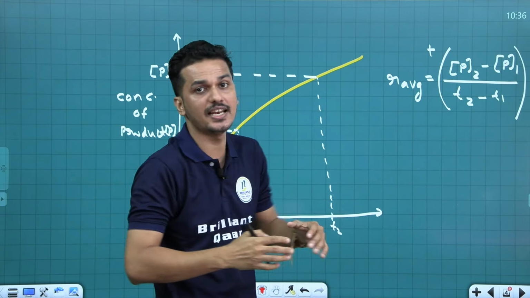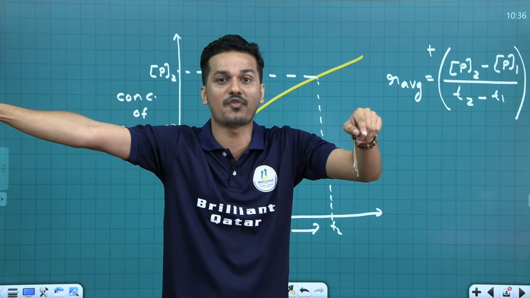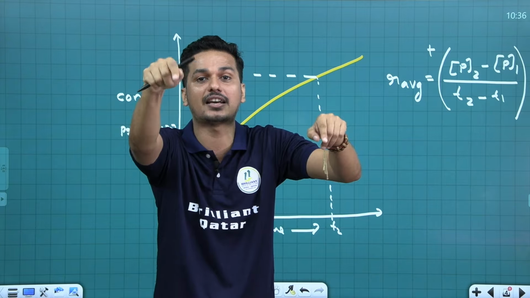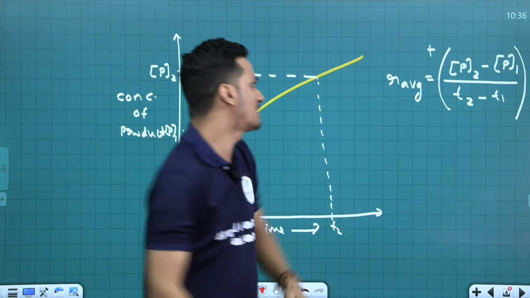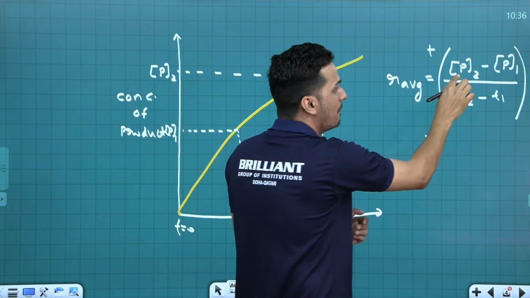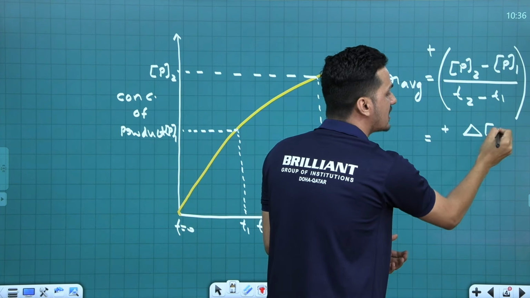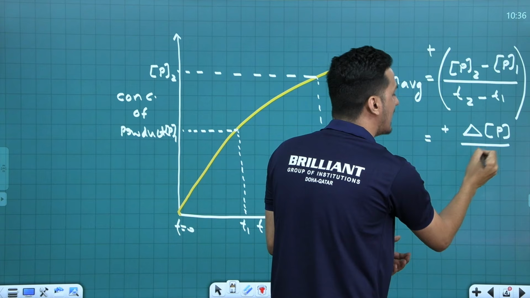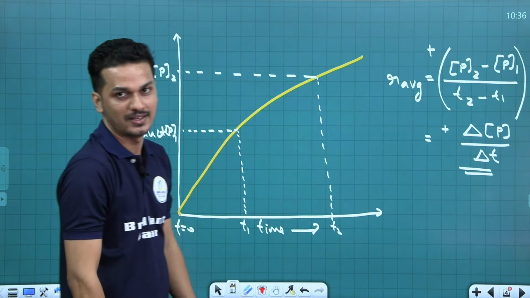That positive represents an increase in concentration, like in the case of reactant, where we put one negative to represent a decrease in concentration. So here we represent plus. P2 minus P1 we can represent as delta concentration of P divided by delta T.